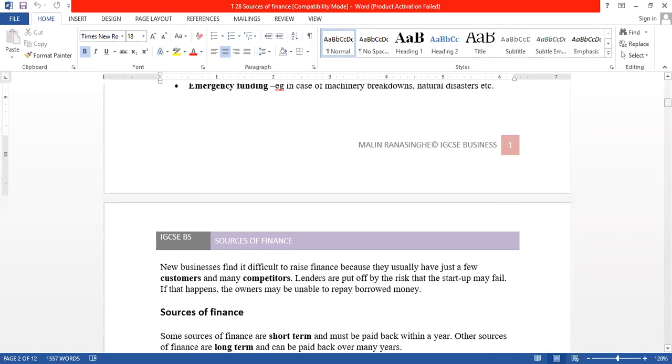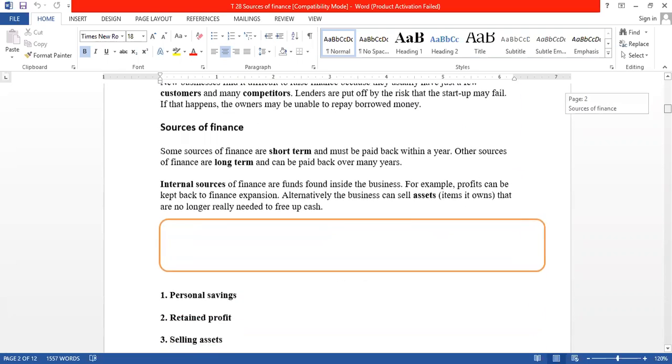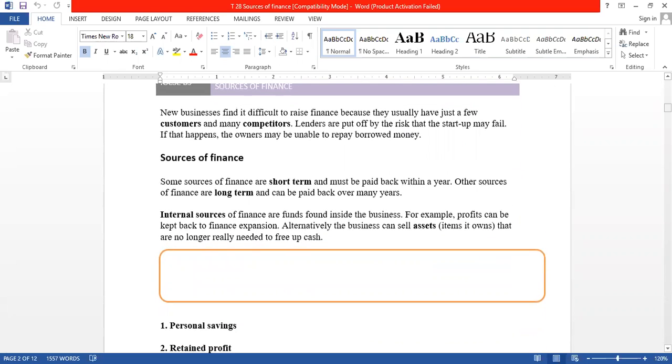Right. Now, under the topic sources of finance, you can see new businesses find it difficult to raise finance because they usually have just a few customers and many competitors. So lenders are put off by the risk that the startup may fail. If that happens, the owners may be unable to repay the borrowed money.